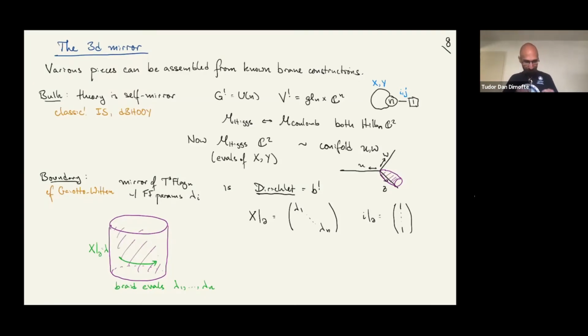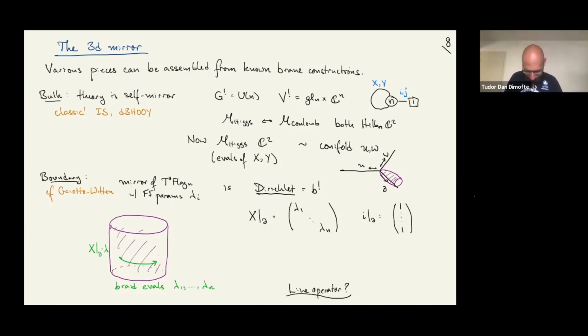And the braid, again, comes from taking this local boundary condition and changing it as we go around the circle. And so we'll just braid eigenvalues of our X field. There is also this line operator going through the center of the cylinder.